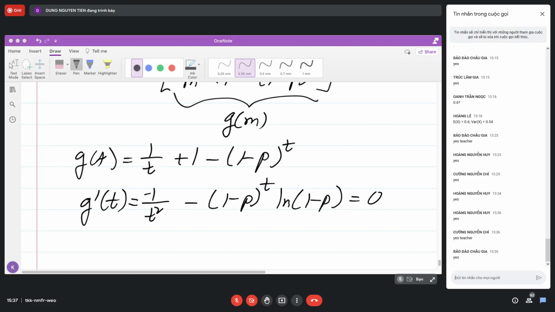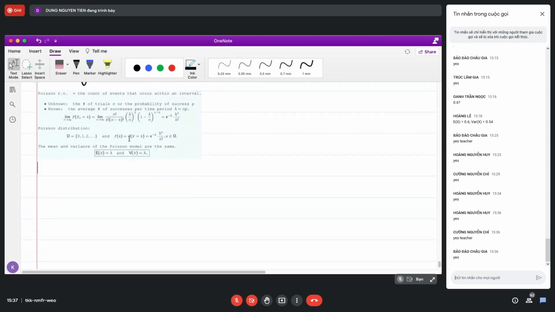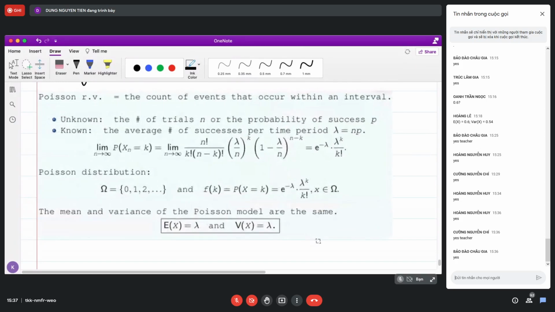Now I want to talk about another distribution, Poisson distributions. A Poisson random variable is the count of events that occur within an interval.